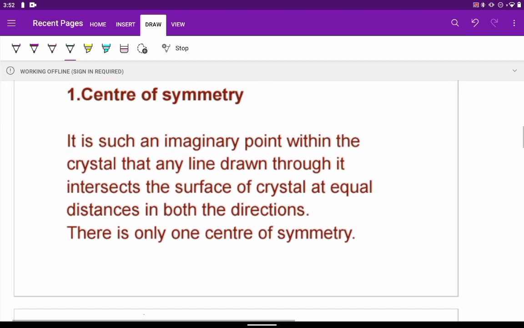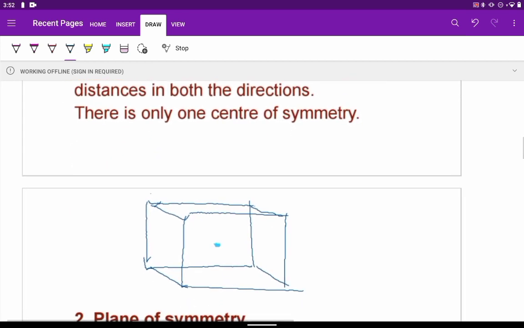For example, in this diagram, I have drawn this center with a different color. From this point, you move in this direction or you move in this direction. We should cover equidistant distances. The distances should be equal and we get similar points on both sides.